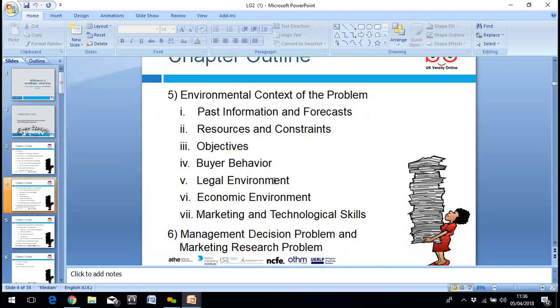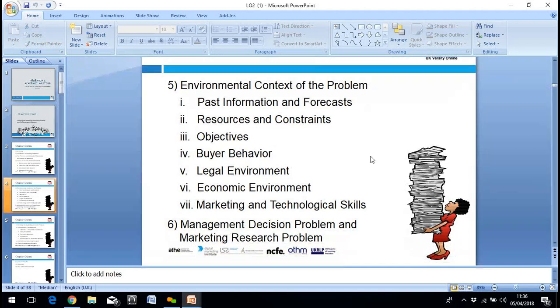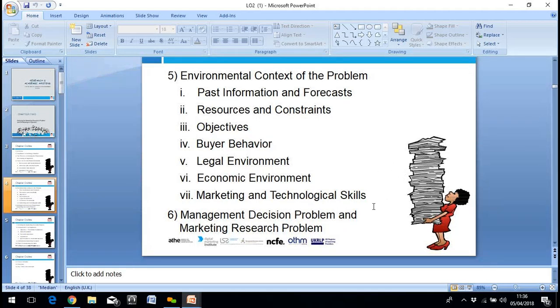The legal environment, what you've got to look at from a legal point of view, and the economic environment: will the work you're going to do be acceptable within the specific economic environment of the country you're operating in. What technological skills are required, and any management decision problems.